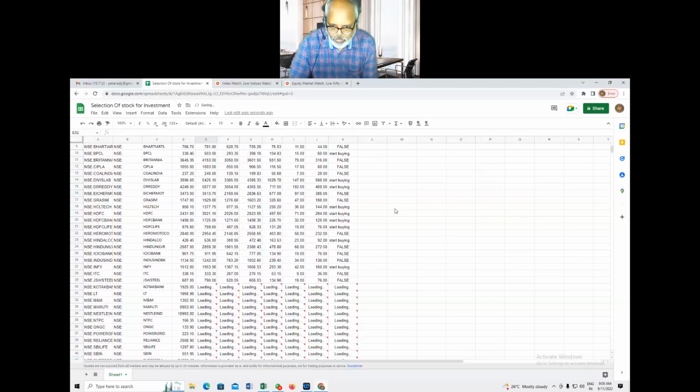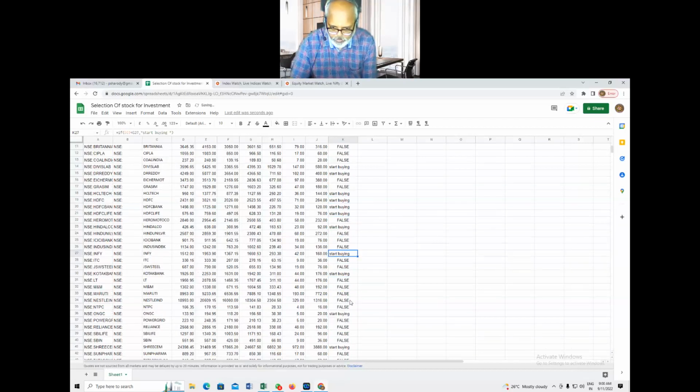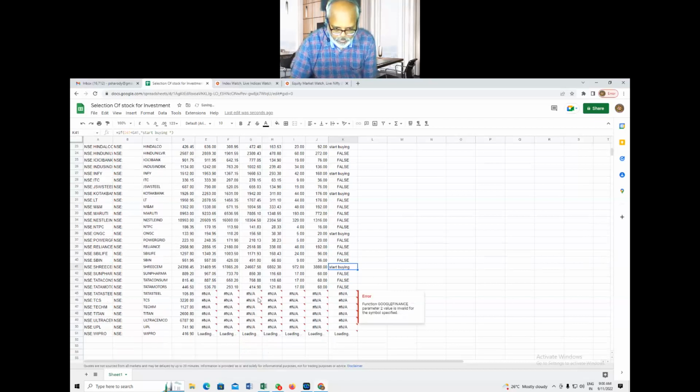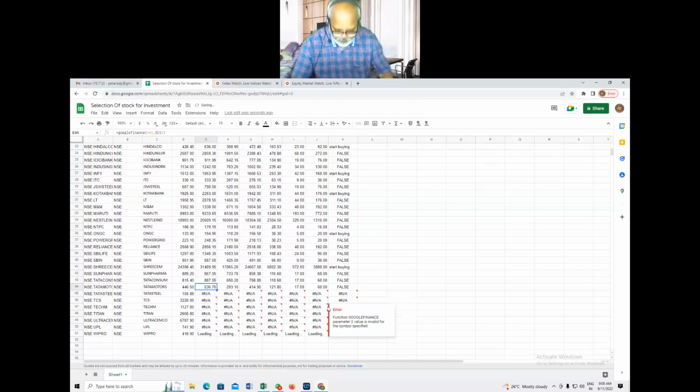There are many stocks coming in the buy list: Apollo Hospital, BPCL, Divi's Lab, Dr. Reddy, HCL Tech, HDFC, HDFC Bank, HDFC Life, Hindalco, Infosys, Kotak Bank, ONGC, Shree Cement.